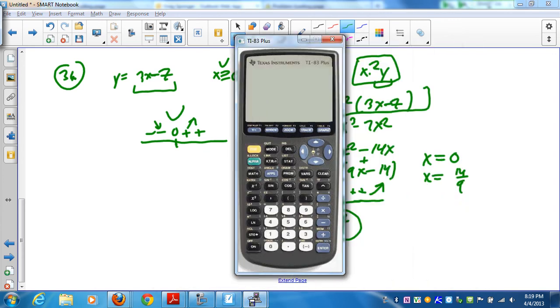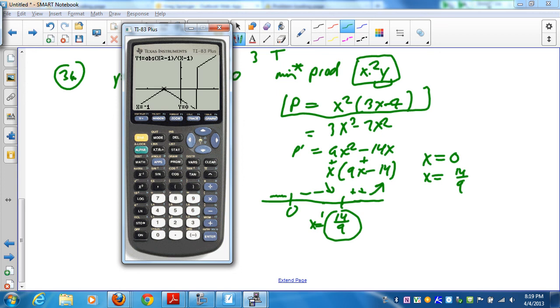Okay, so if we do this properly, use our parentheses and all that, we have 14 over 9 squared, then another parentheses, 3 times 14 over 9, close that parentheses, subtract 7, and close it.